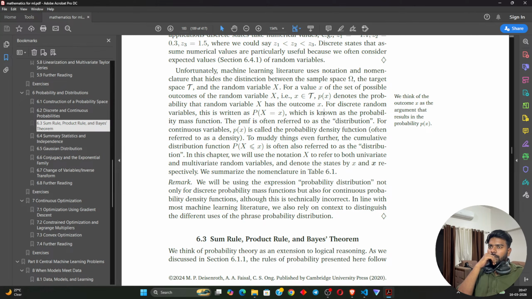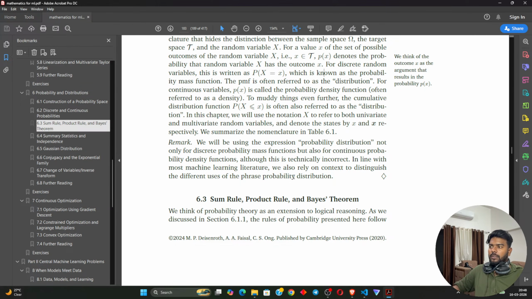The PMF is often called the probability density function, referred to by many things. Even further, the cumulative distribution function is often also referred to as the distribution. In this chapter, we will use the notation X to refer to both univariate and multivariate random variables and denote the states by x. We summarize the nomenclature.